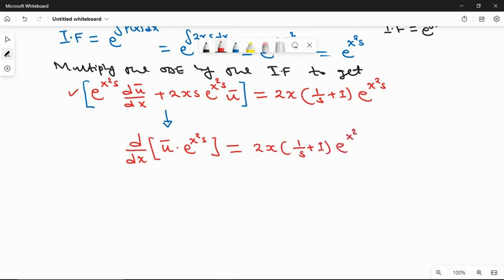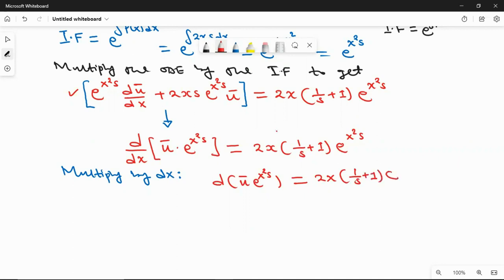exponential x squared s. Now, I want to multiply by dx on both sides. What are we going to get? It will be the derivative of u bar exponential x squared s is equal to 2x, 1 over s plus 1, exponential x squared s.